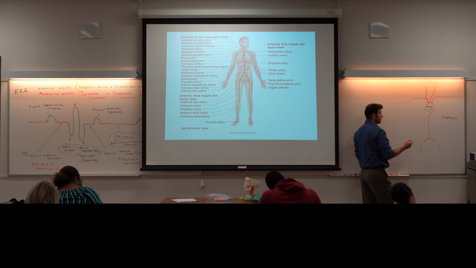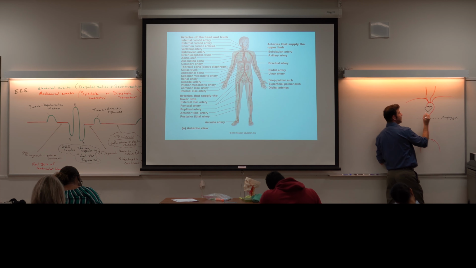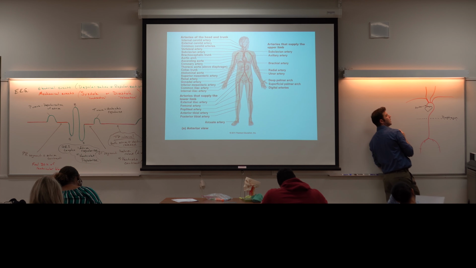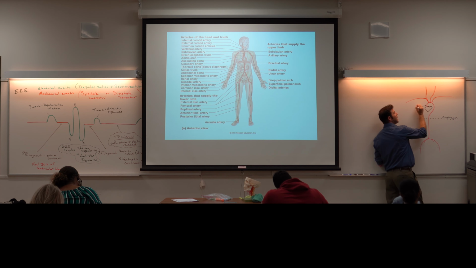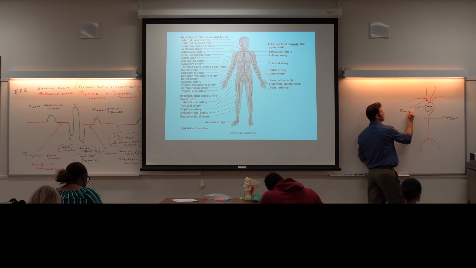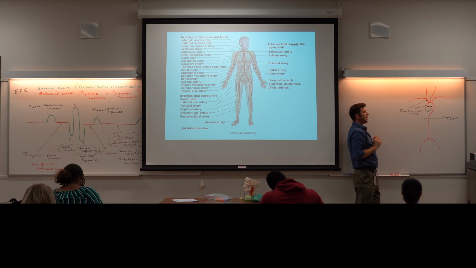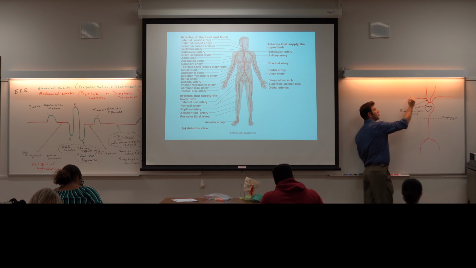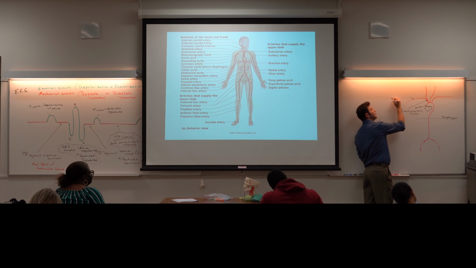So let me attempt to label these things. We obviously have our aorta right there. The first branch off of that aorta, this thing is our brachiocephalic trunk. And that brachiocephalic trunk is going to branch into this first thing that we're going to call the right subclavian.